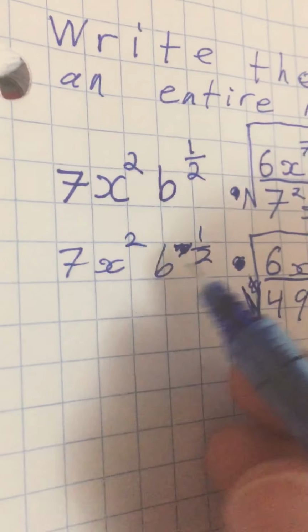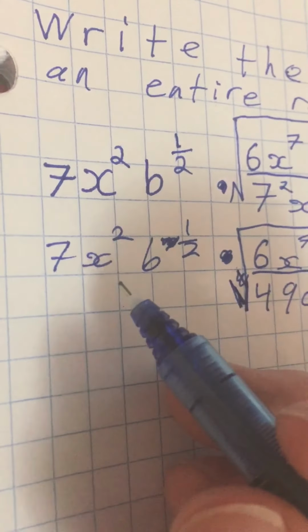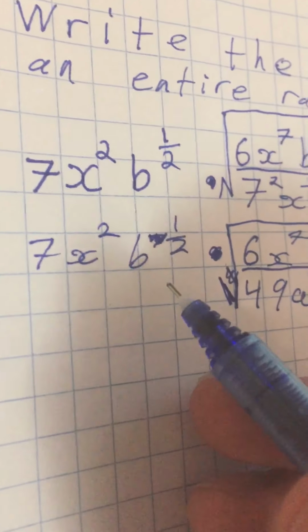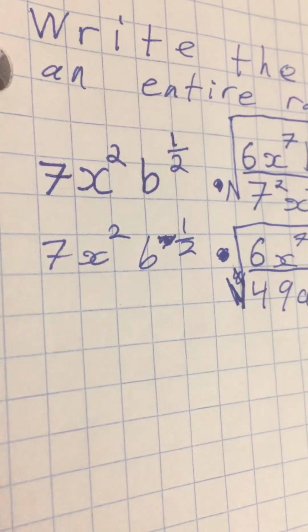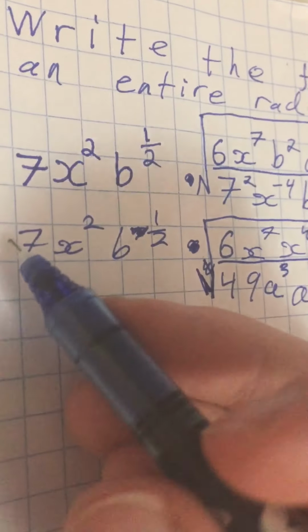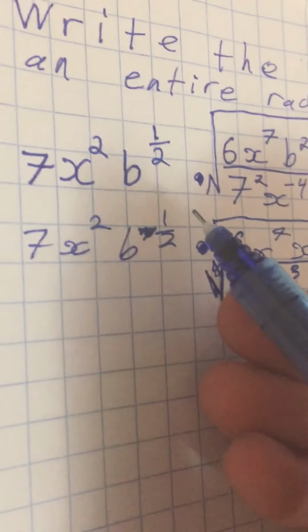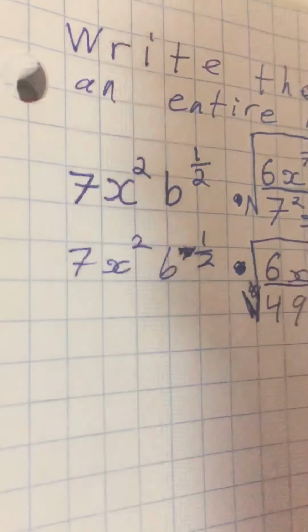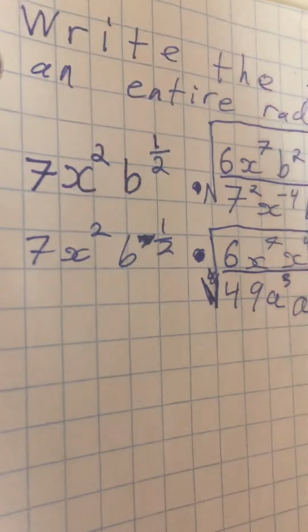So what I want to do is turn this into a radical. The easiest way to do that would be to square all the values here and then put a square root sign there, because squaring and a square root cancel each other out.